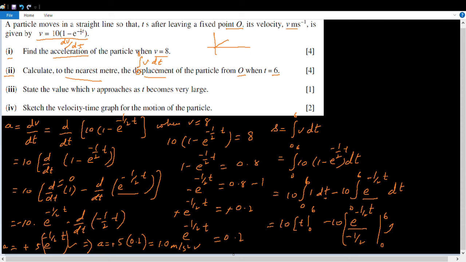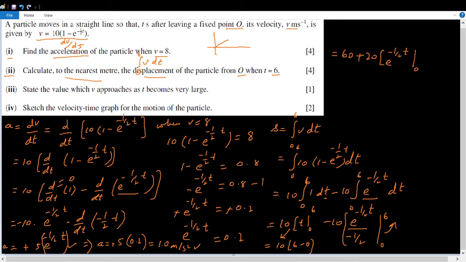Now from here I solve it up here. So it will be 10 into the upper limit minus lower limit, 6, so 10 sixes are 60, so I'm going to write here 60, minus this minus will cancel this minus and it will turn positive, and this 2 will multiply by 10, so it will become 20, and this we will write as it is, e power minus 1 over 2t.